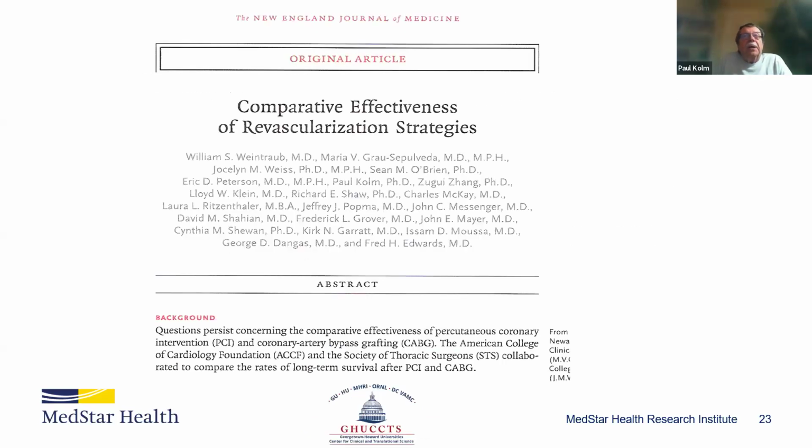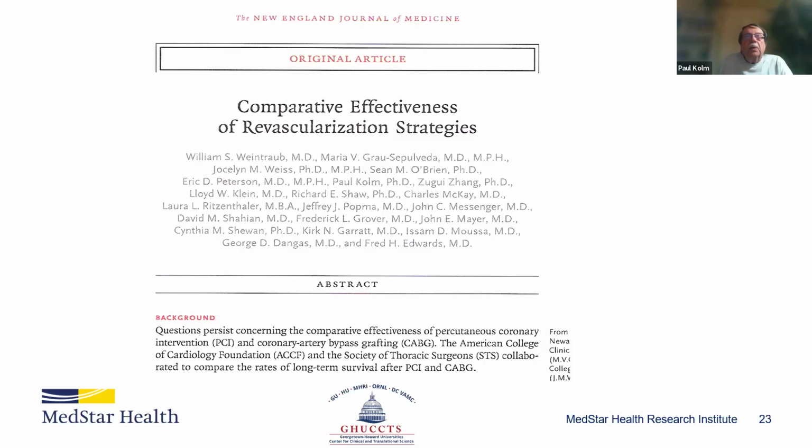So I want to give you an example of a study that we did a while back where we looked at the comparative effectiveness of revascularization strategies. In other words, basically what we're going to do is compare PCI, percutaneous coronary intervention, versus CABG, coronary artery bypass, with respect to survival.